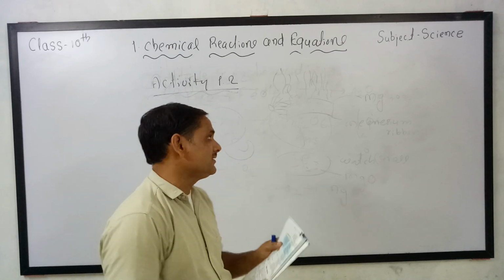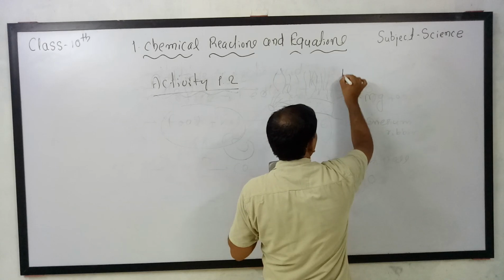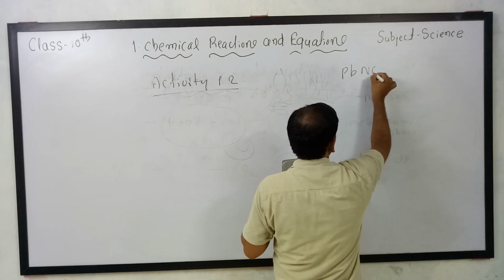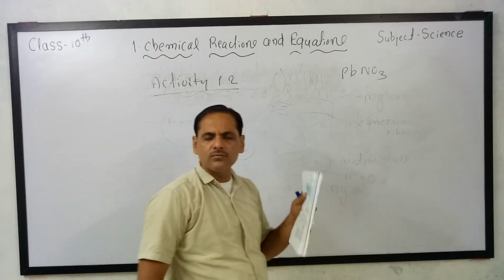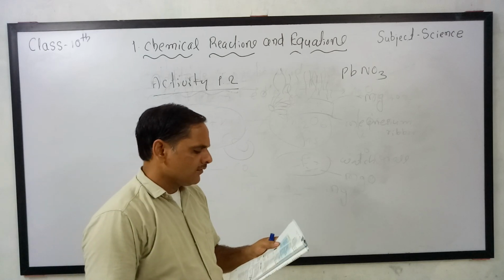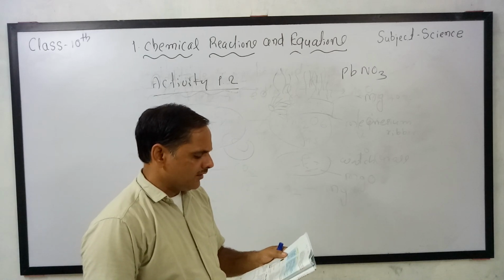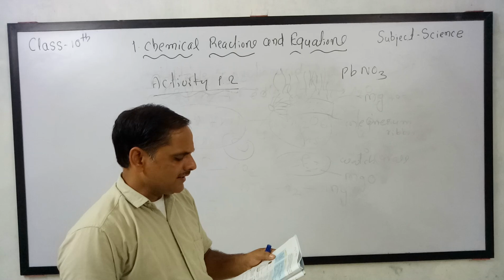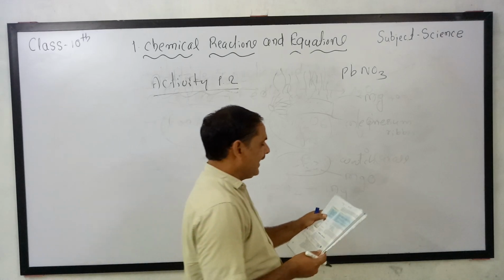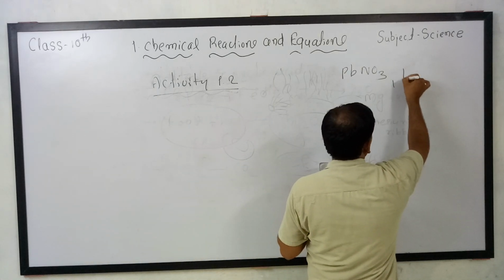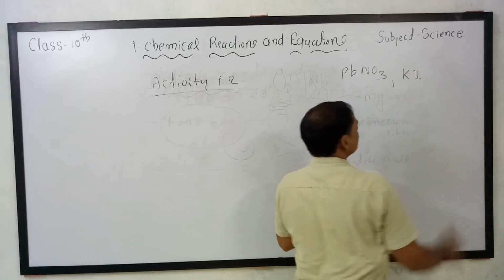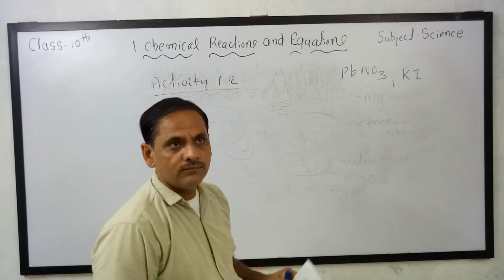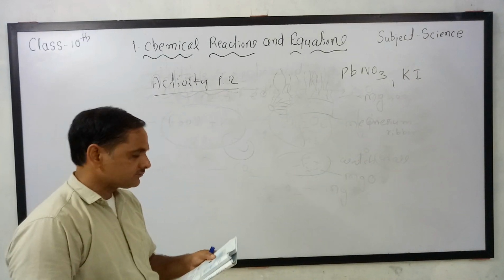Lead nitrate: lead means Pb, nitrate means NO3. This is the formula of lead nitrate. Add potassium iodide solution to this, and what do you observe? Potassium means K, iodide means I. This is the formula of potassium iodide.